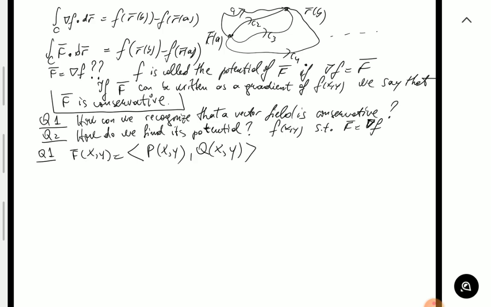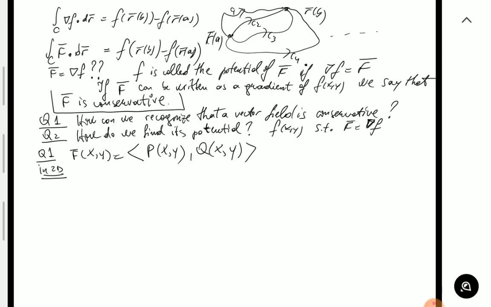In most of the literature, this is the typical notation for a vector field. By the way, we're going to address this for now in two dimensions, for vector fields in the plane, and then we'll switch to how we address the same thing for three-dimensional vector fields.